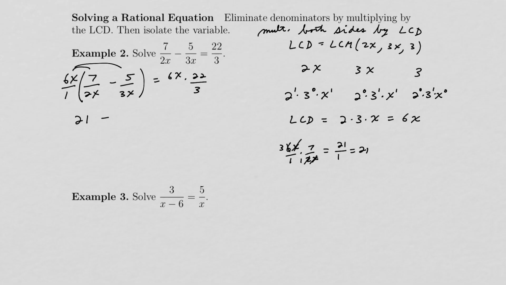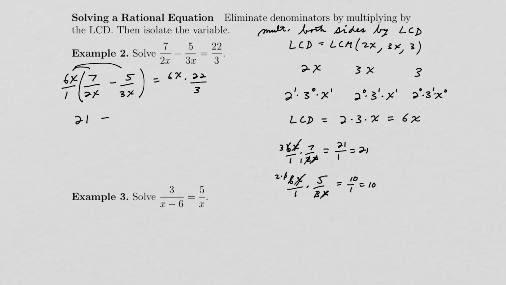Minus, and then I have 6x over 1 times 5 over 3x. Again, the x's cancel. 6 you can write as 2 times 3. The 3's cancel. So I'm left with just 2 times 5, right? 10 over 1, which is 10.